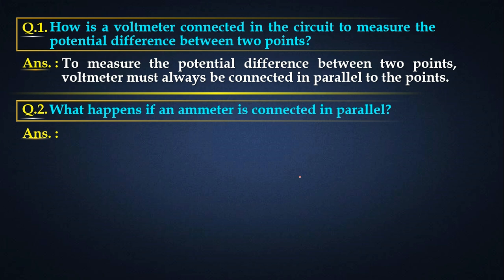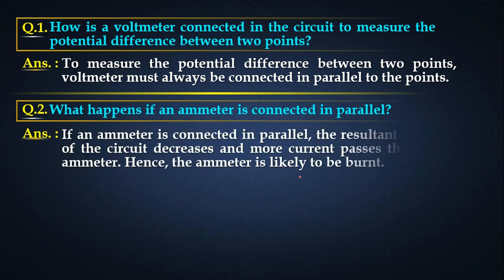Is it right? It allows the complete current, so there is a chance of a blast or short circuit. If the ammeter is connected in parallel, the resultant resistance of the circuit decreases and more current passes through the ammeter. Hence, the ammeter is likely to burn. Okay, we should not connect it in parallel.